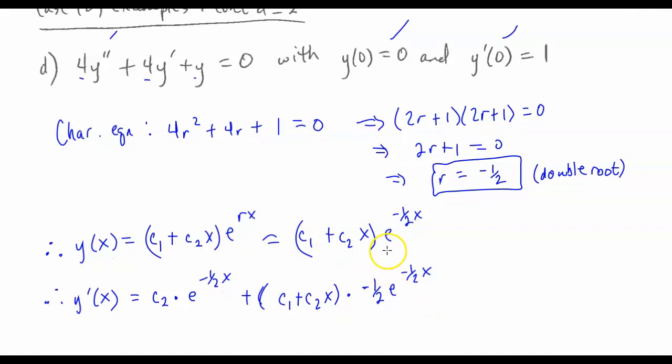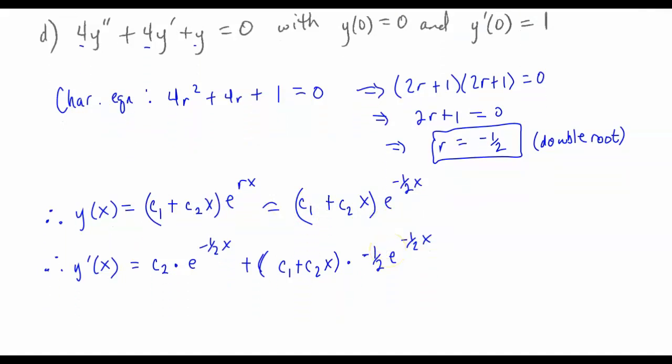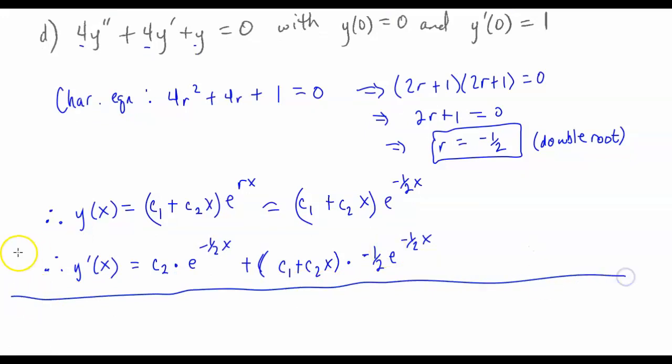So now that we know what our first derivative is, we're going to go ahead and apply these initial conditions. So the first initial condition is going to be y of 0 is 0. So here we're going to use this first solution to this differential equation.